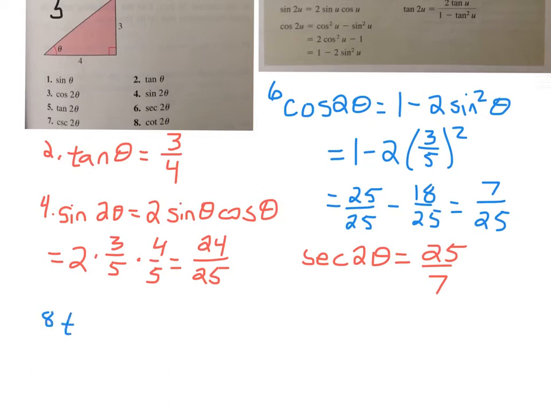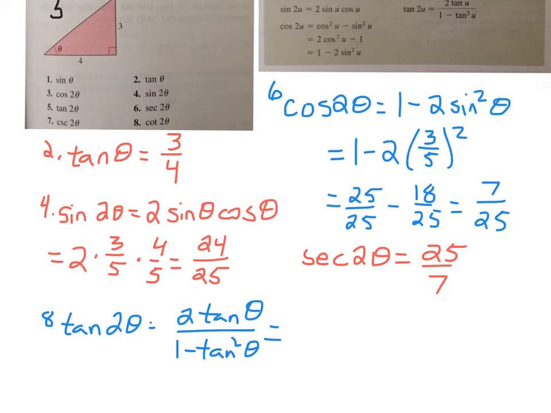So tangent of 2 theta is the same as 2 times tangent of theta over 1 minus tangent squared of theta. And so then we're just going to manipulate our triangle some more. So tangent is 3 over 4. We found that on number 2. So then 2 times 3 over 4.